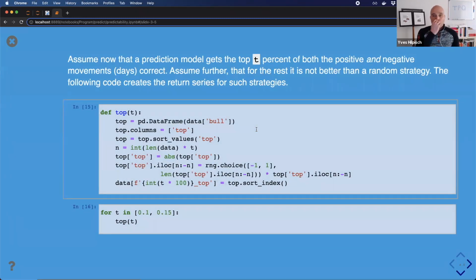Now we get into the more interesting ones to make the point. Assume that the prediction model, whatever this is, we haven't talked about the model whatsoever until that point, gets the top 10% of both the positive and negative movement days correct.